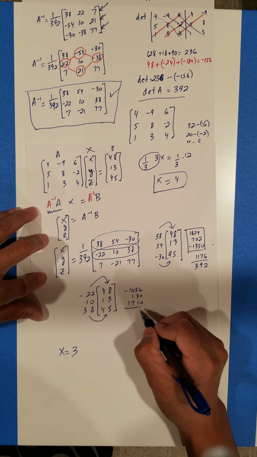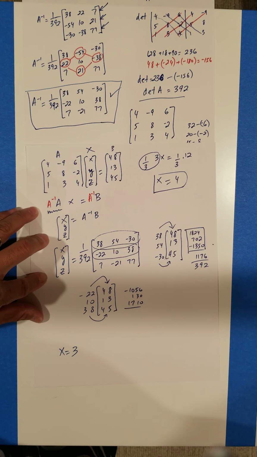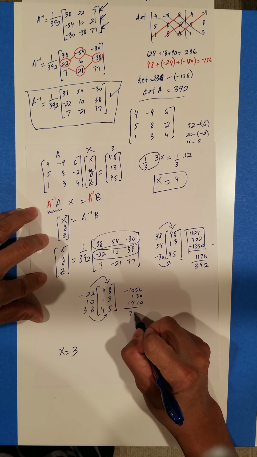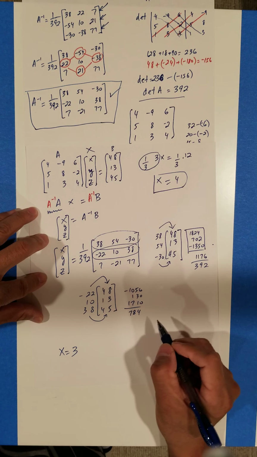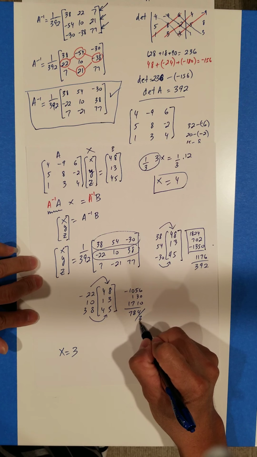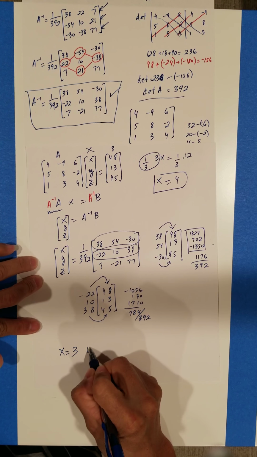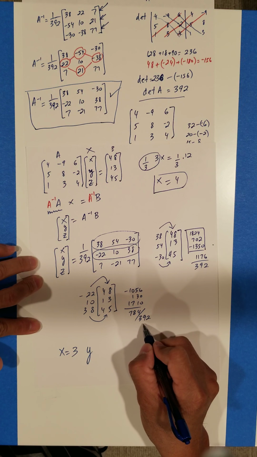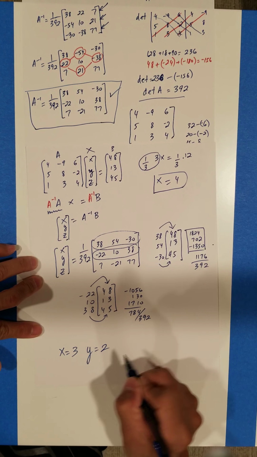Again, add all of these together and you get 784. But remember there's a determinant in front, so you have to divide this by 392. So y equals 784 divided by 392, y equals 2.